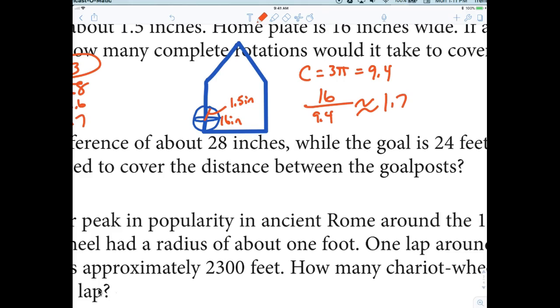Good. Those of you who said 1.7 times, you can pat yourself on the back. You understand everything there is to know about circumference.